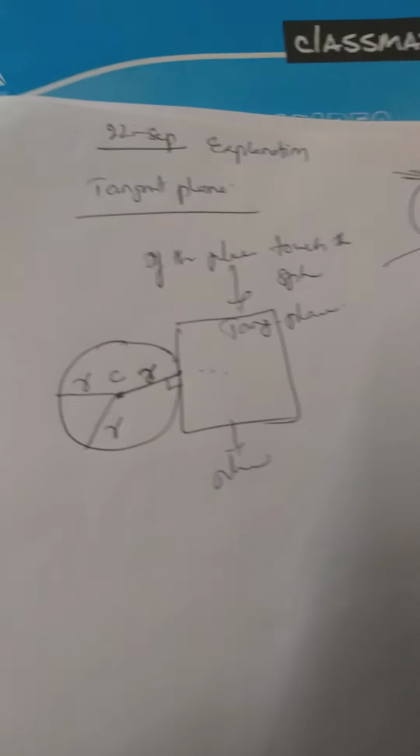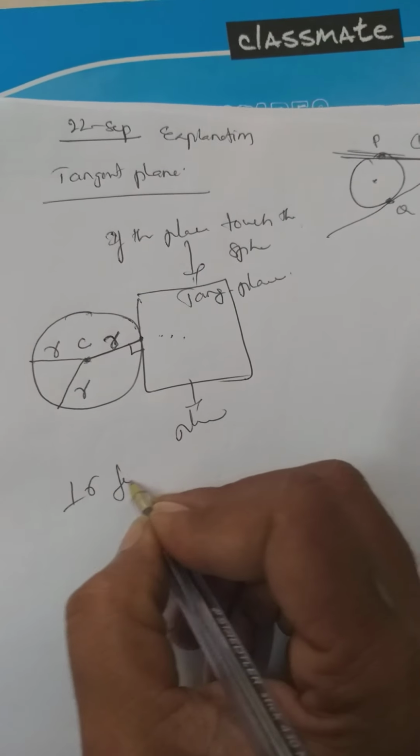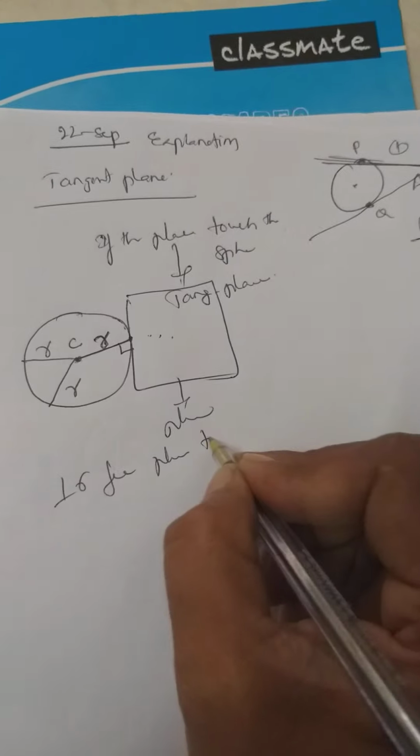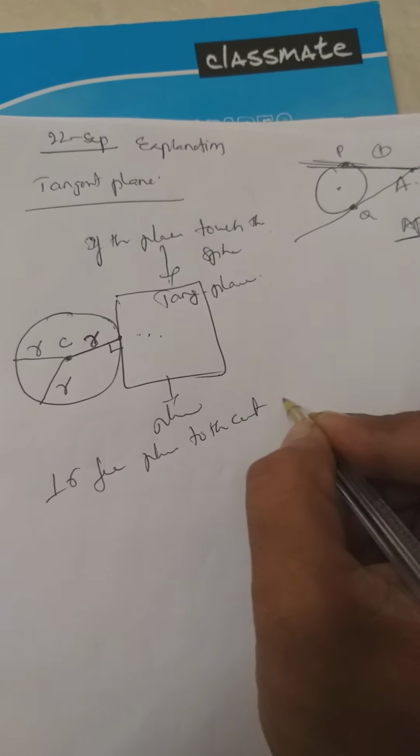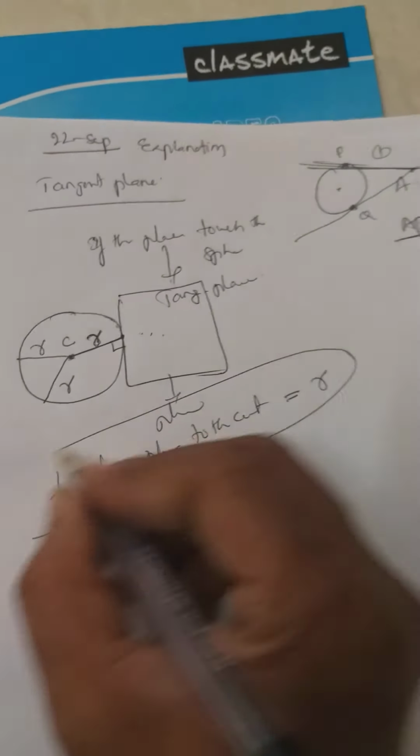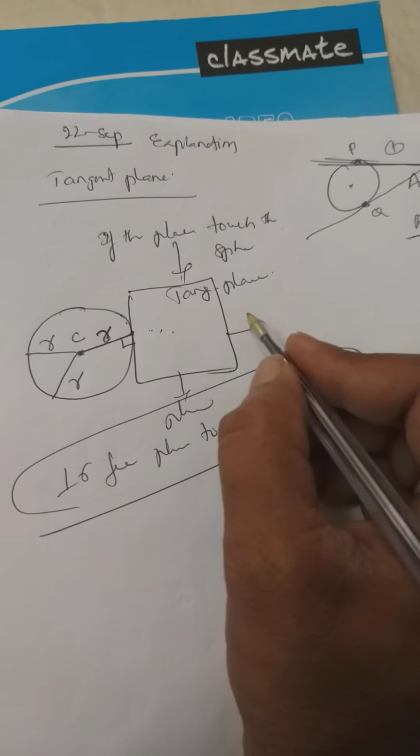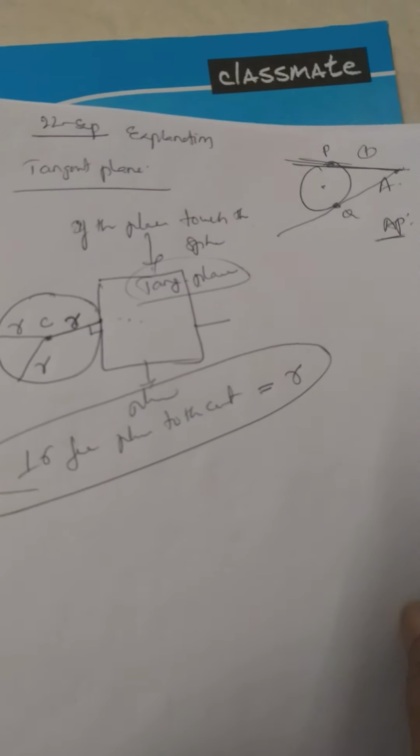R. If the perpendicular distance from the plane to the center of the sphere is equal to the radius, then that plane is called a tangent plane, right?